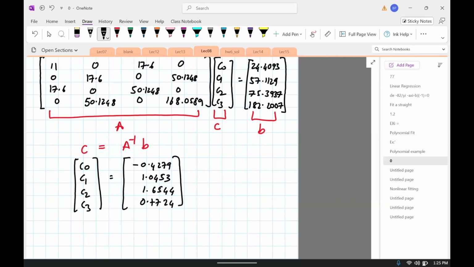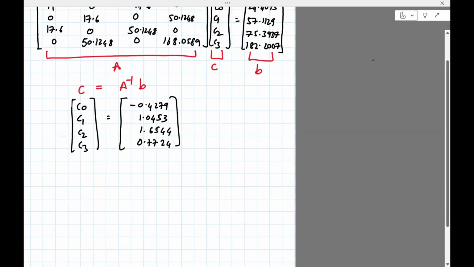Okay, so it's important that you finally write down the equation. It's minus 4279 for constant, then there'll be 1.0453 x plus 1.6544 x square plus 0.7724 x cube.